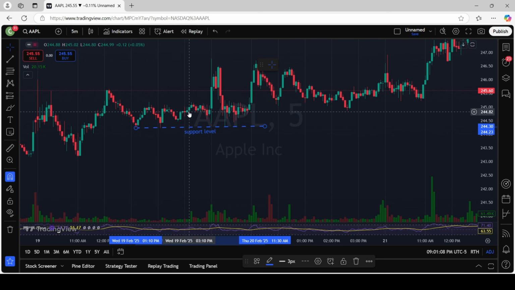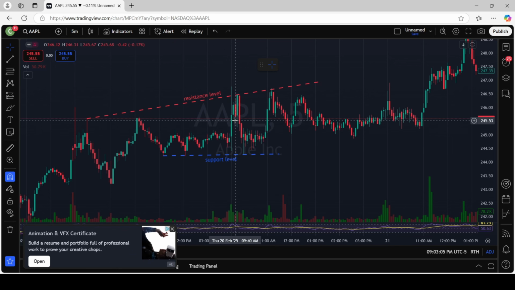For it to be a valid support and resistance level, it needs to at least touch that level 2 to 3 times. I prefer three. I prefer that third time touching; it's golden. We know that trend line is official. Yes, we see this candle right here, wick above this resistance level, but the body dropped below.